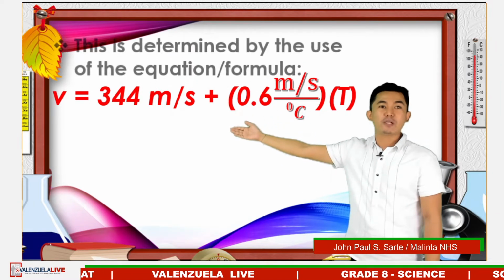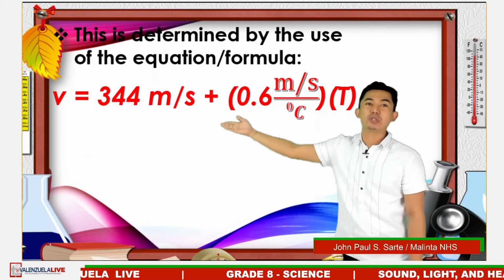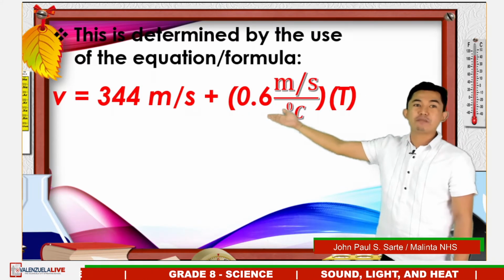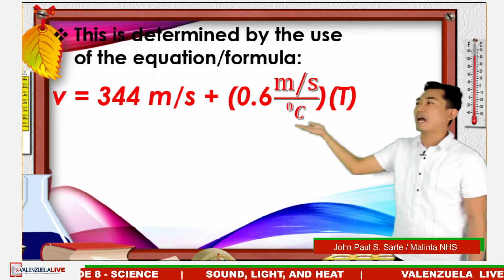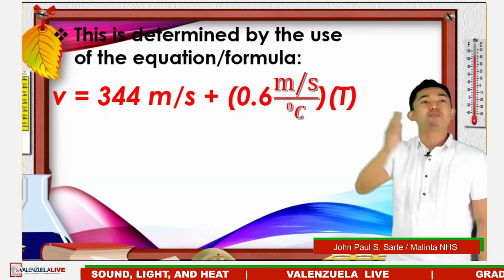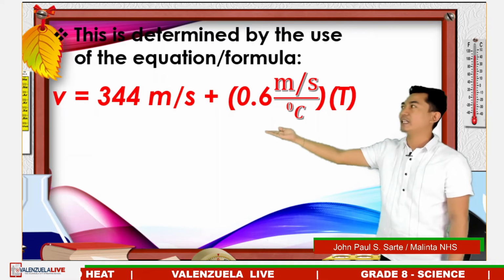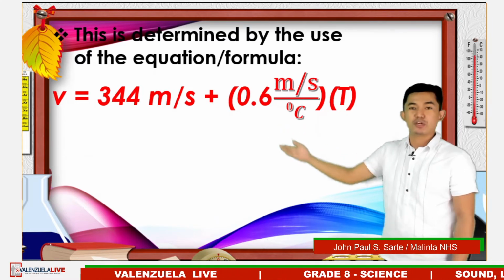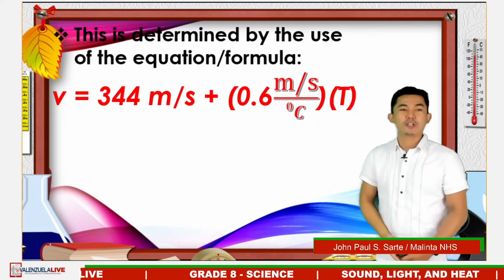Speed is equal to 344 meters per second added to 0.6 meter per second over degree Celsius multiplied by temperature. This is determined by the use of this equation or formula. So do not forget to take down notes of this formula, class, because you will use this in our computation.